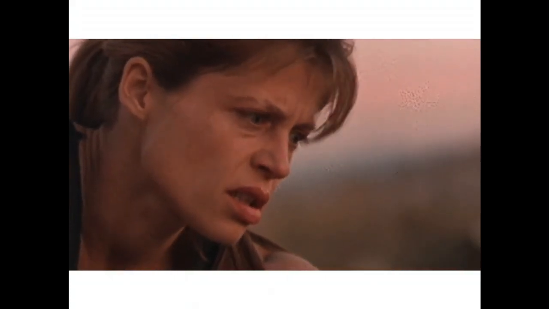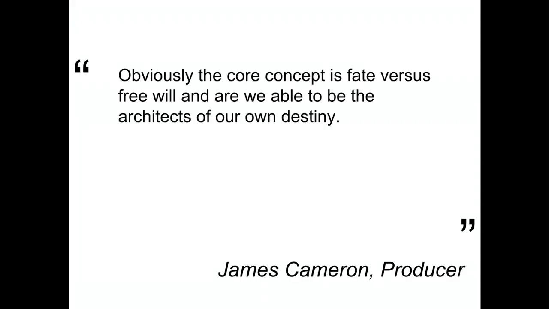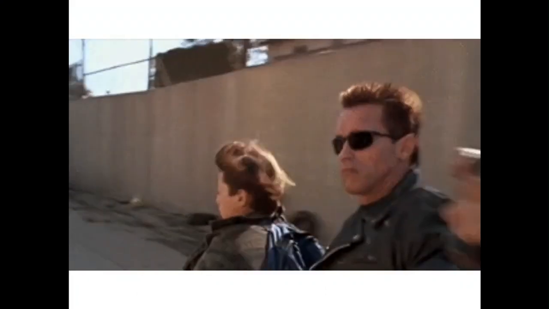So is it an allegorical Bible story, or is it the classic question of free will versus destiny? It seems clear that that's at least one theme of the film, but like any good time travel movie, there's conspiracy theories around it. Did you catch that?